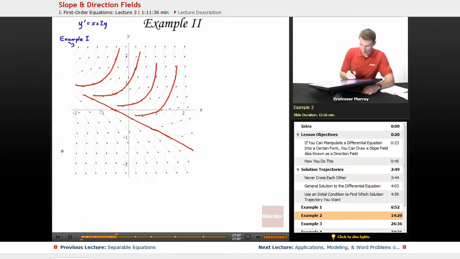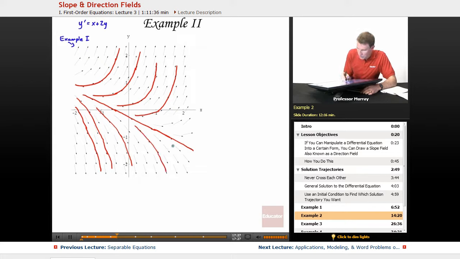The ones below the line, I have to kind of turn myself to make these work. If I follow these arrows, I've got to be parallel to the arrows every time I touch an arrow. So I'm sort of forced to be constantly turning downhill if I start below the line here. So those are my solution trajectories.